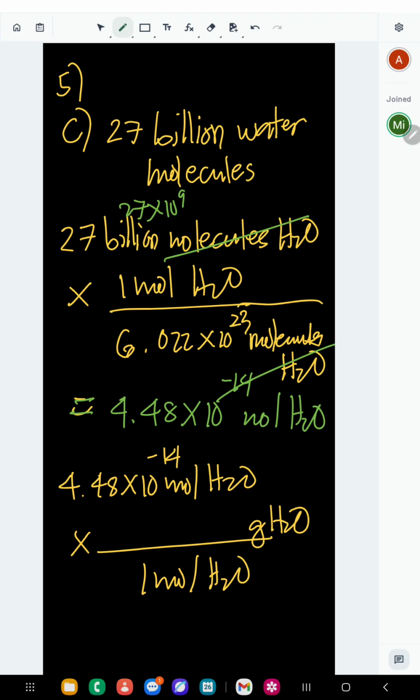Okay, so 18.01528. So maybe 18.02. So what is the answer here? 4.48 times 10 to the negative 14 times 18. So the mole unit should cancel out and you should be left with grams only.